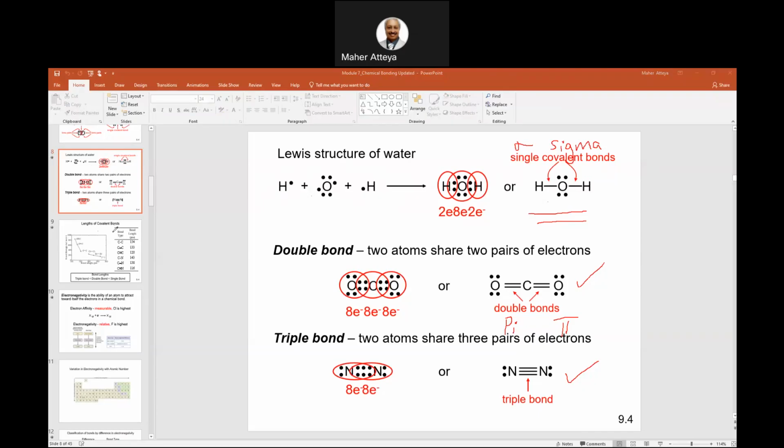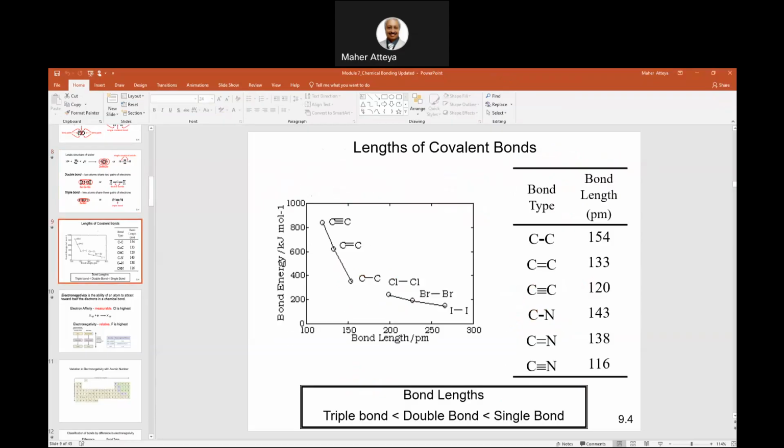So let's look at something else here. Let's look at the length. Now, what do you think here? I just want you to think about a bond. A longer bond, the single bond, is too long, correct? Like this. It's carbons here and carbons here, or whatever the compound, non-metals here and non-metals here.